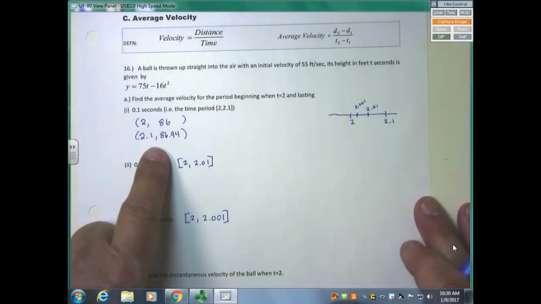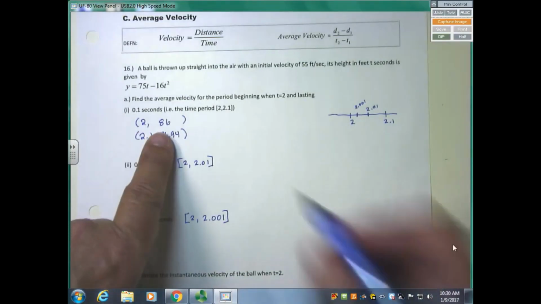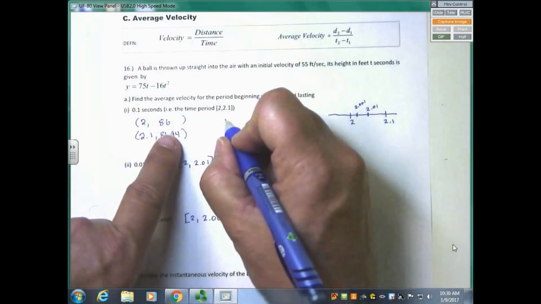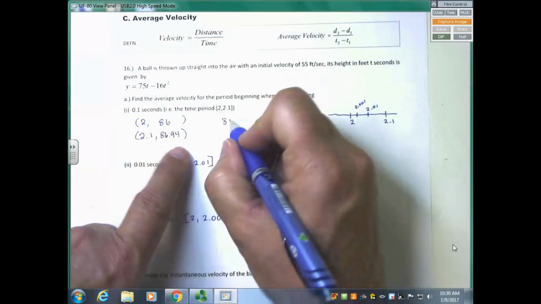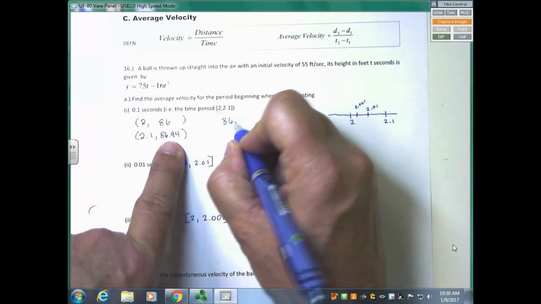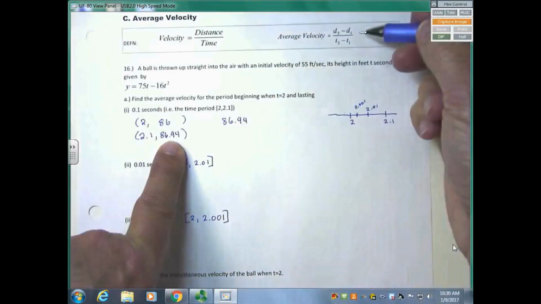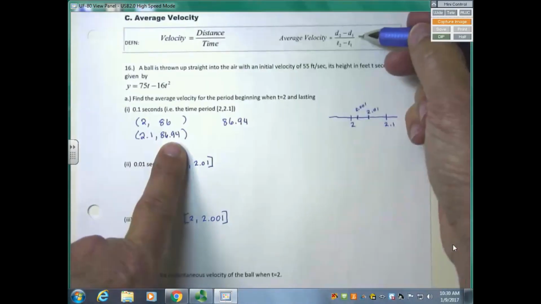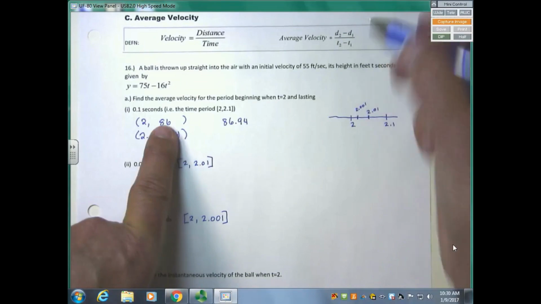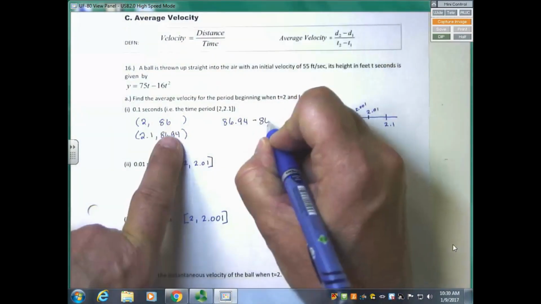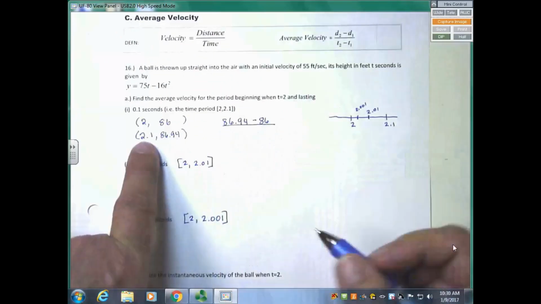All right, so slope formula. We're going to do y2, or actually distance 2, but for me that's y. So y2 minus y1, and then x2 minus x1.